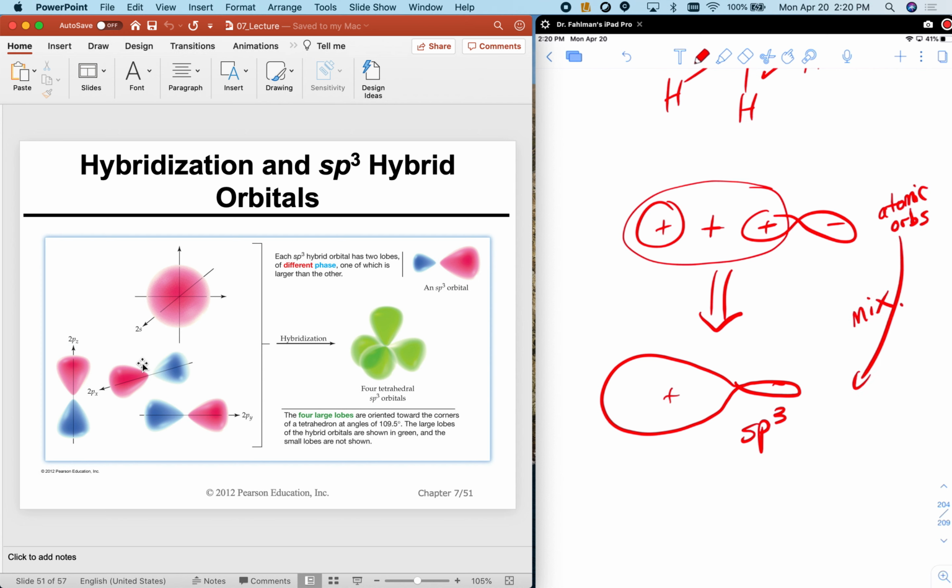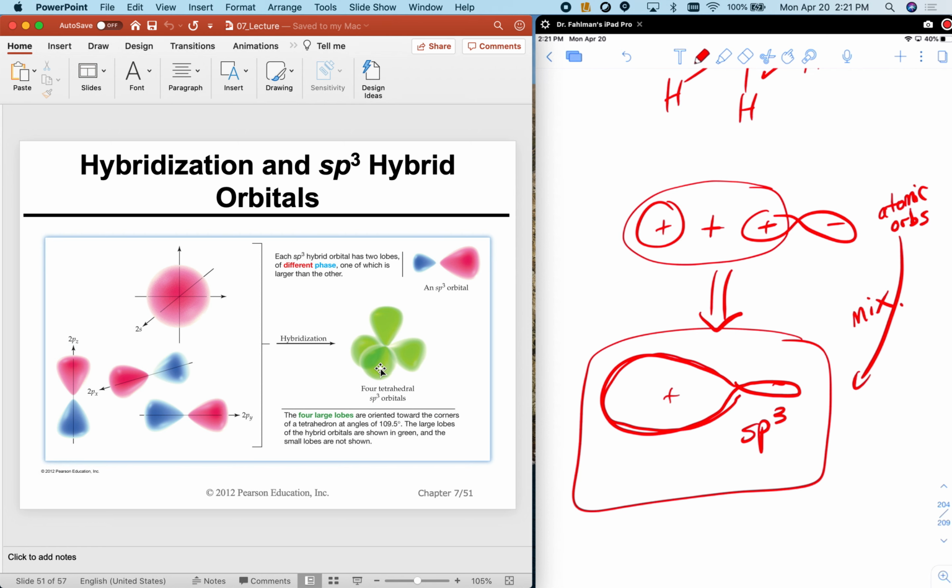When you mix them together, this sp3 has a lobe that is larger, and that means they're pointed toward the atoms involved in that bond. They become more effective at bonding these different atoms. If you mix this and then all of these together, they will point toward the corners of a tetrahedron.